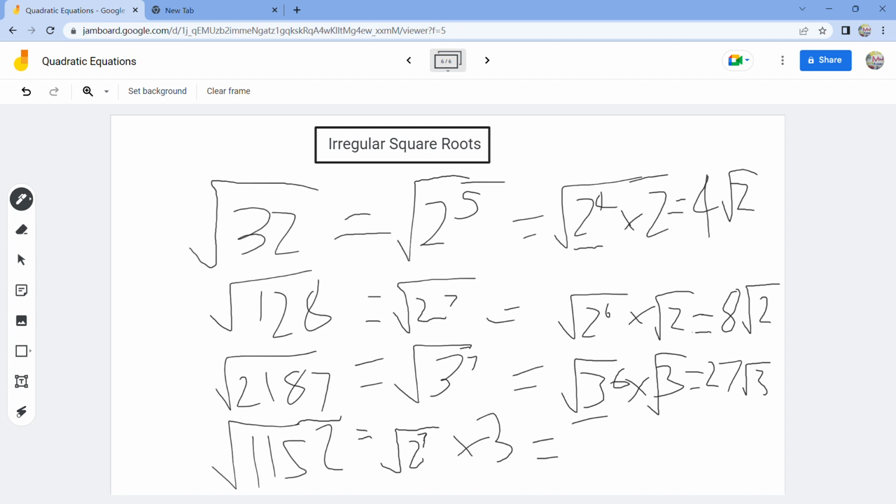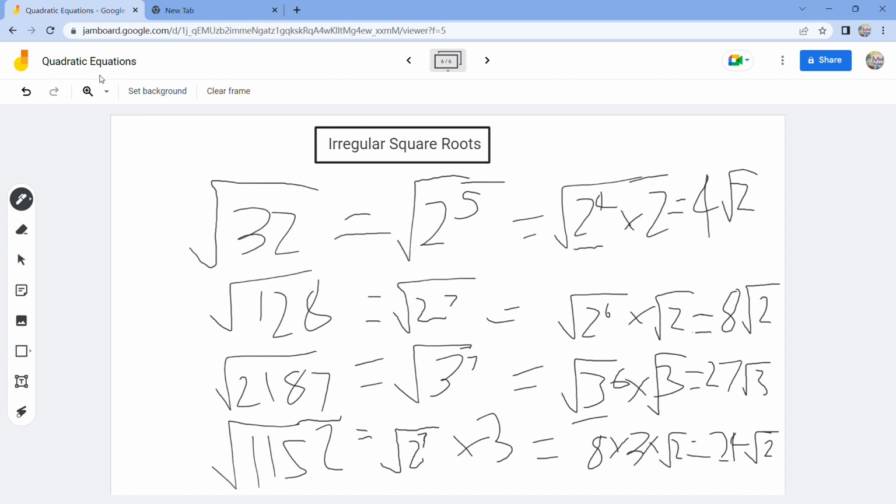It's 3. So now we've got it simpler. So the square root of 2 to the 7, which is 128, that's 8, and then the square root of 2. We already did it. So that's equal to 8 times 3 times the square root of 2, which is equal to 24 times the square root of 2.